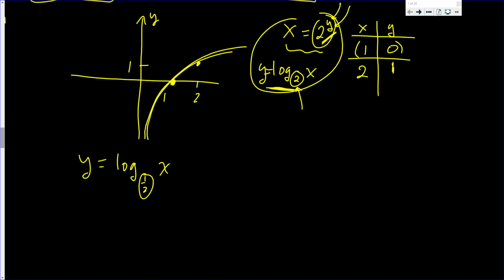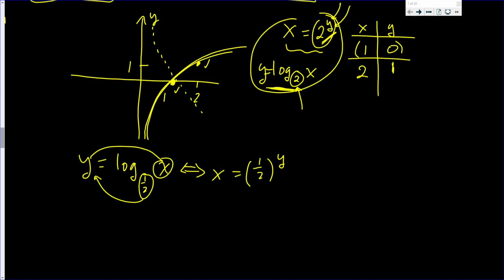Absolutely not. How on earth are you going to draw anything that looks like that and cross those 2 points? The answer is you can't. Now, this here is the same as 1/2 to the y is equal to x.